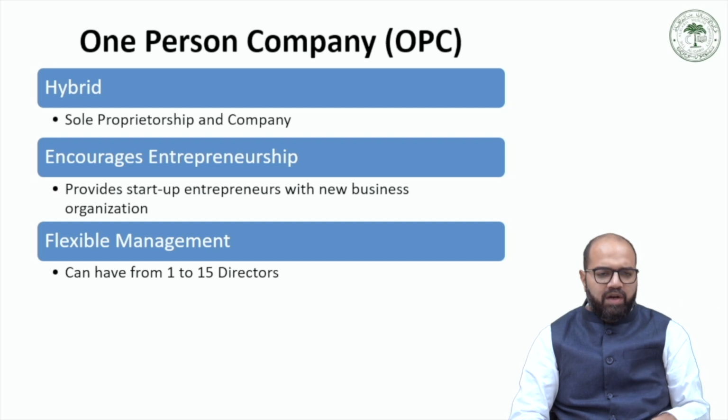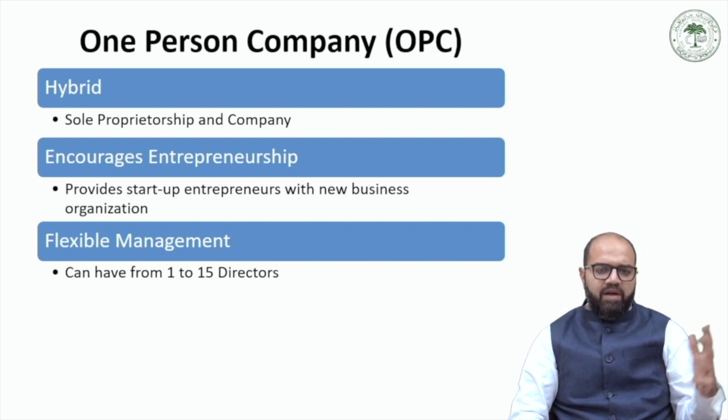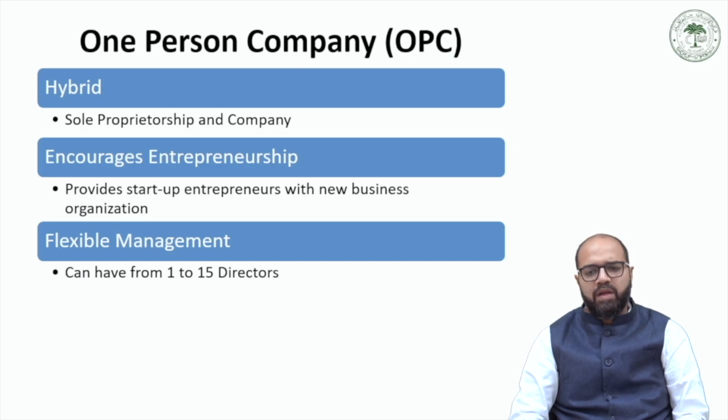So this aspect of delegated management that we explained in the core characteristics of a company, which is generally there with other kinds of companies like private and public companies, greatly gets diminished in the case of a one-person company, where there could be a conjugation or integration of ownership and management.